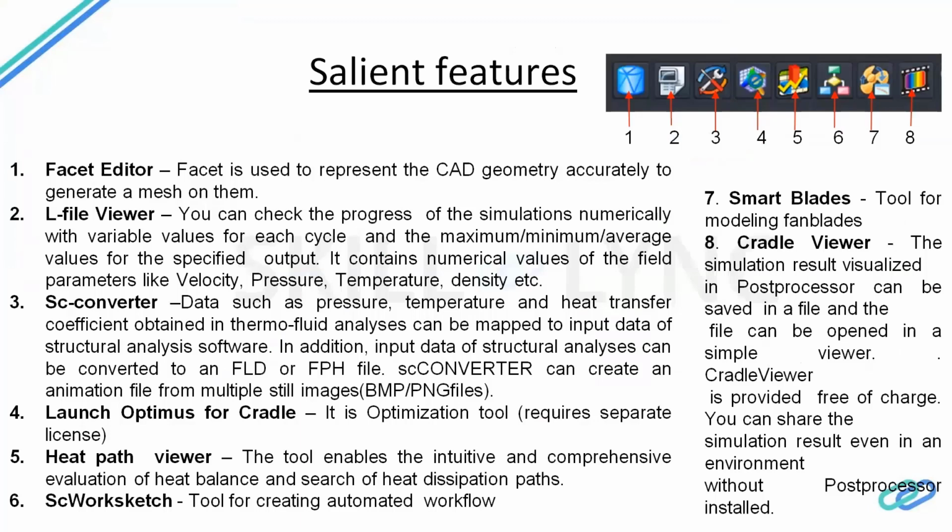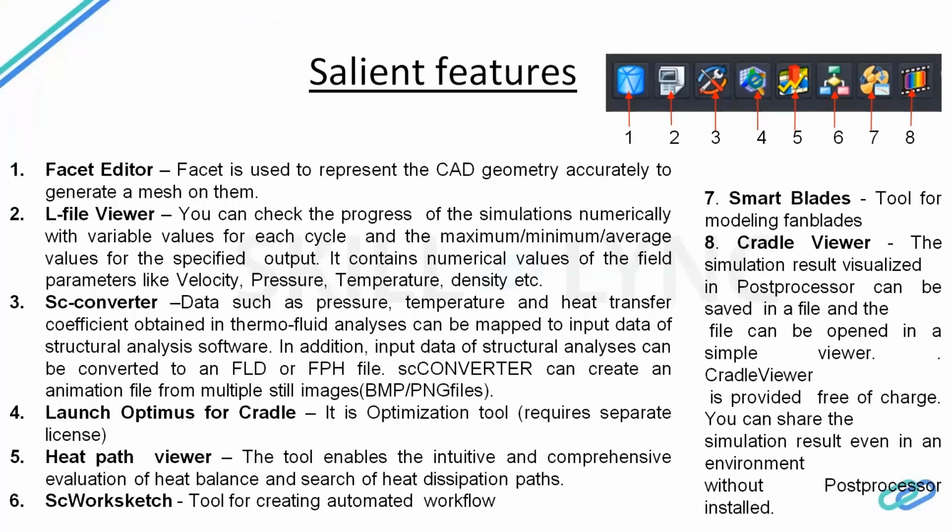Now, the salient features of this software include something called the facet editor, which is used for repairing the CAD geometry outside the GUI of SC Flow, where we set up the boundary conditions and other things. The Elf file viewer is a viewer where you get all the parameter data, like how the parameter is changing. Everything is printed in this Elf file.